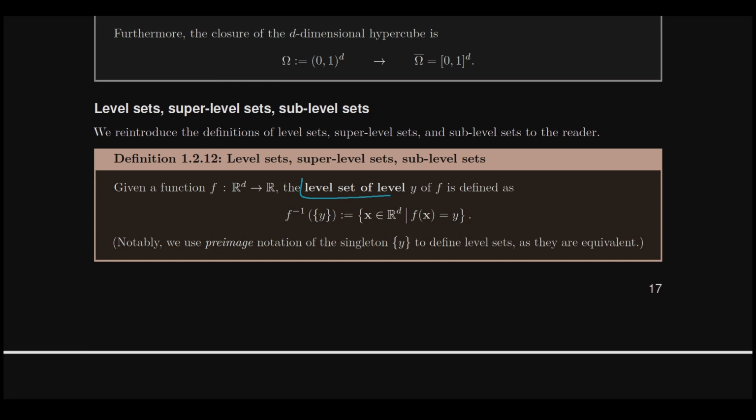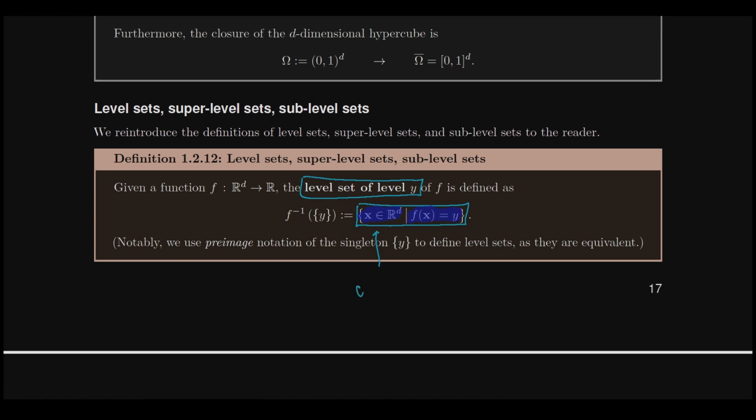Okay, so we're going to call the level set of level y the preimage of the set that only contains y, but how is this set actually defined? It's defined as the following. Now you'll recall from previous videos that I'm calling this set builder notation, where on the left-hand side, we're looking at a collection of objects. These objects are x's in some d-dimensional space, and on the right-hand side is a property that those objects have to satisfy.